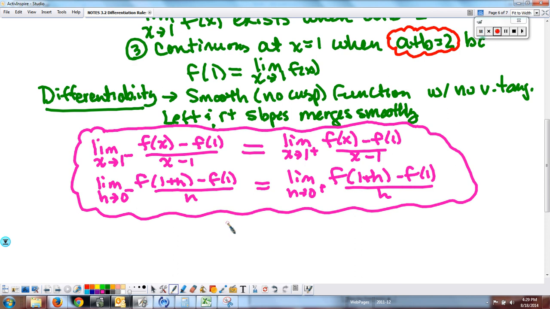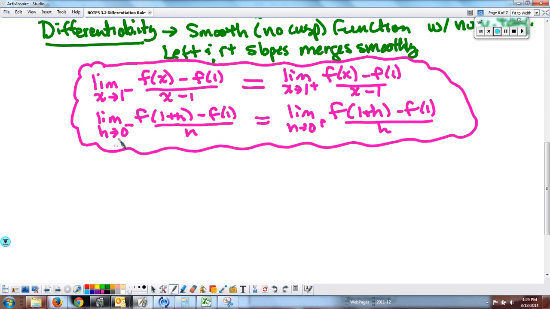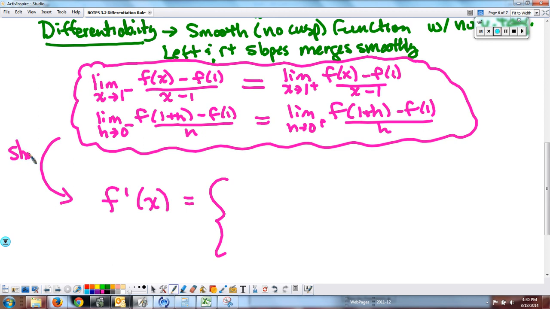So what you're basically going to do is, now we have all the shortcut rules. We're calculating the left derivative and the right derivative, and we can do that in about 2 seconds using our shortcut rules. So here's our shortcut to what we had done before.